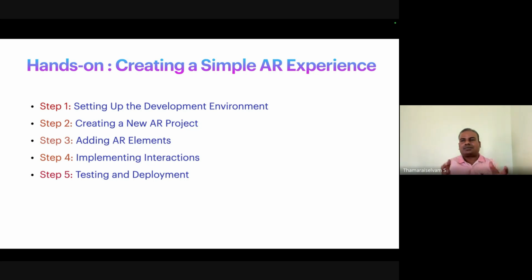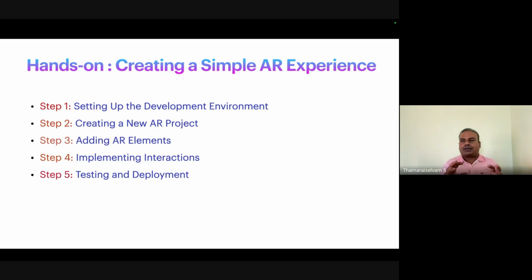After setting up the development environment, one should create a new project, here an augmented reality project. After creating a new augmented reality project, you can add the suitable augmented reality elements and objects into your application.